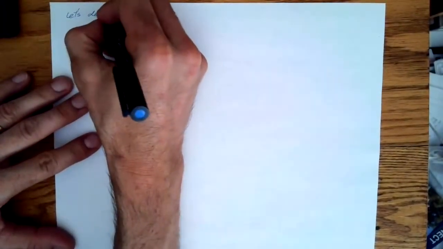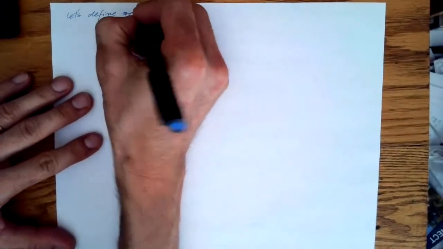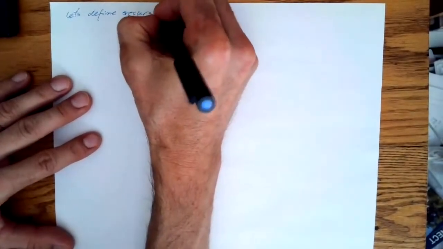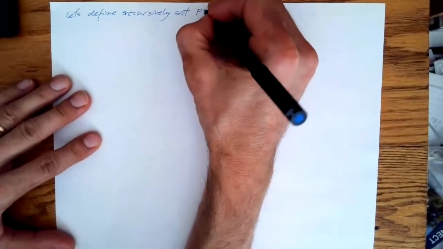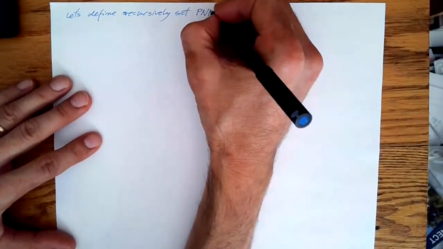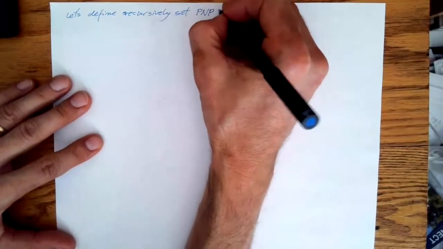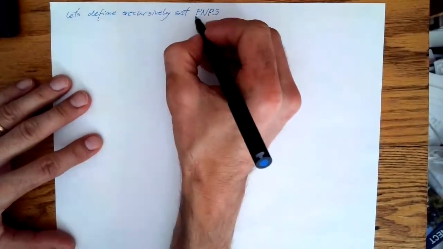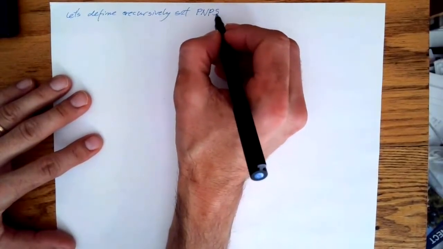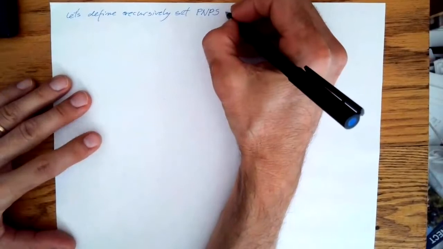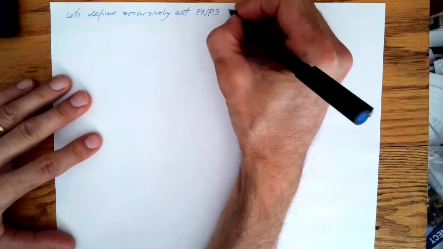Let's define recursively the set of properly nested parenthesis strings. It's a set of properly nested parenthesis strings, okay?